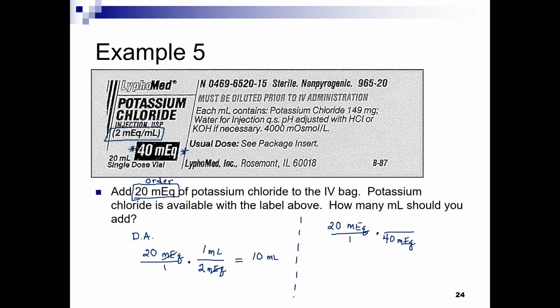And I see that right beside the 40 milliequivalents is that it is a 20 milliliter single dose vial. So I can use the 20 milliliters with the 40, and my numbers are bigger, but the math turns out to be the same, that you would administer 10 milliliters by adding it to the IV bag. So it works either way.